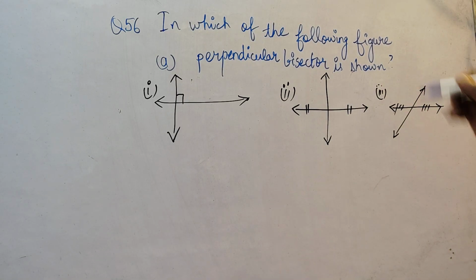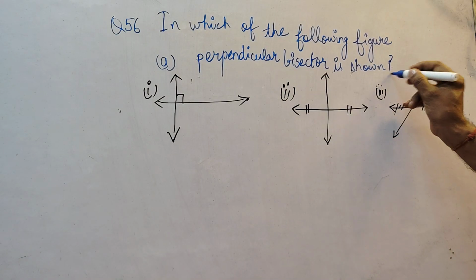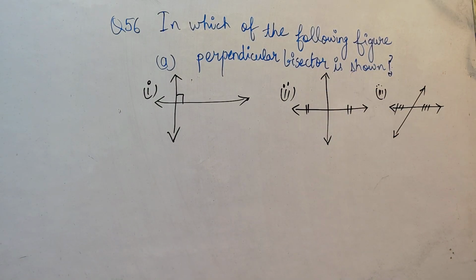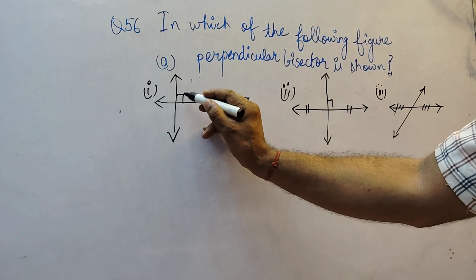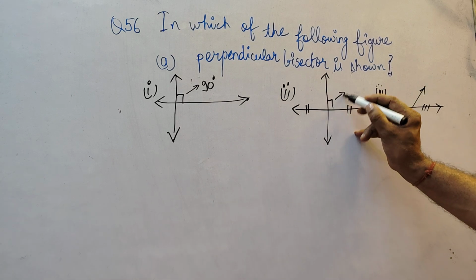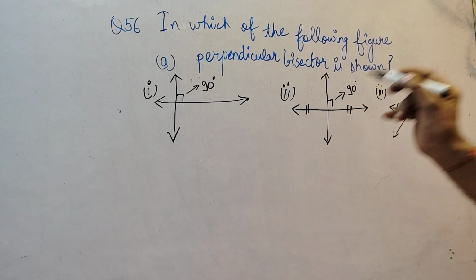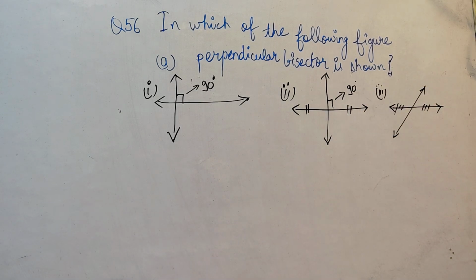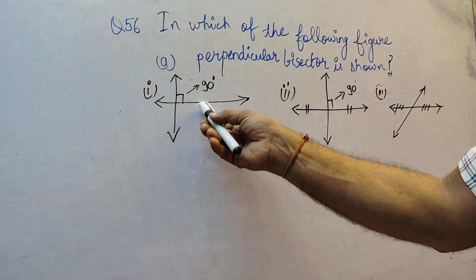So a perpendicular bisector means the line divides into two equal halves and the angle should be 90 degrees. In the first case, yes; in the second one, for this rectangle, the angle is 90 degrees. In the first case equal parts are not given.